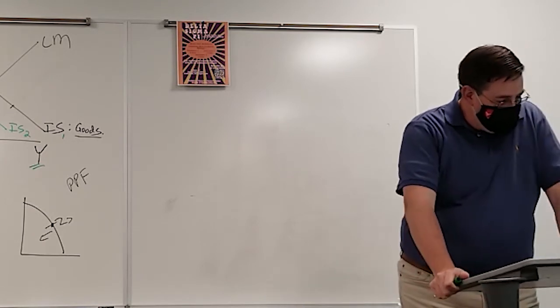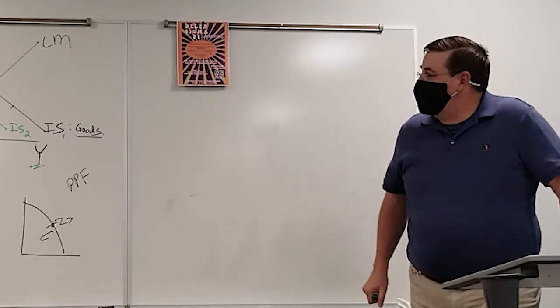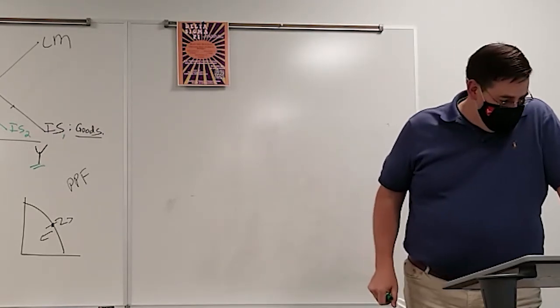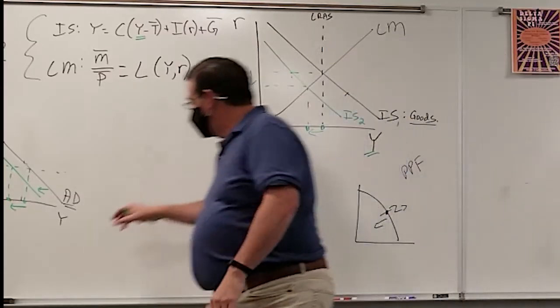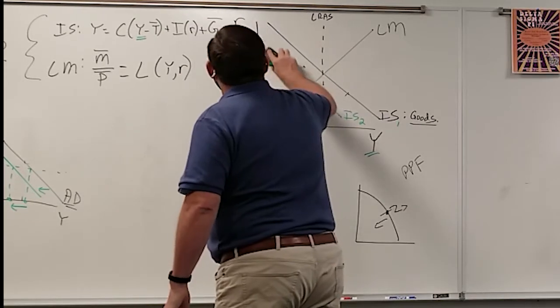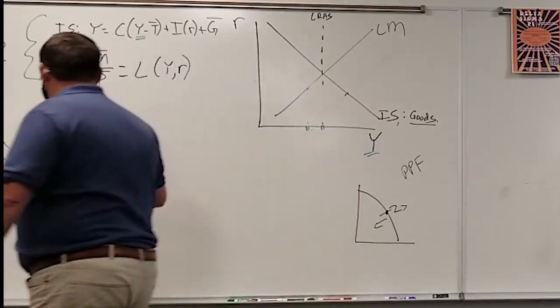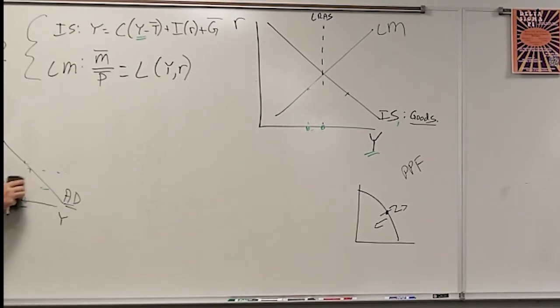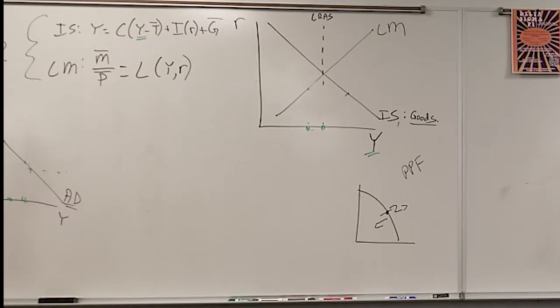So if the Fed wants to increase aggregate demand, in a separate example, suppose the Fed wanted to increase aggregate demand and cause it to shift to the right. How could it do that? This you should remember from the intro, but we're going to see how it works through the model.